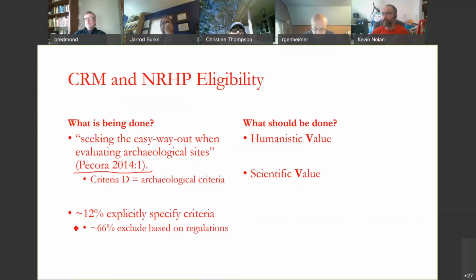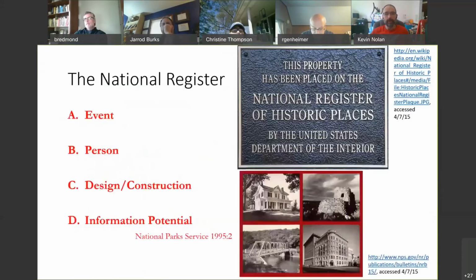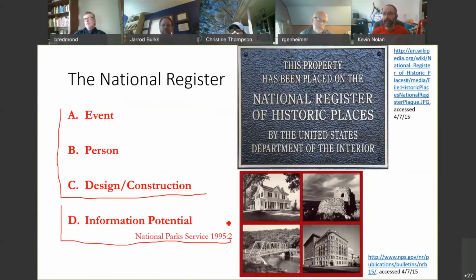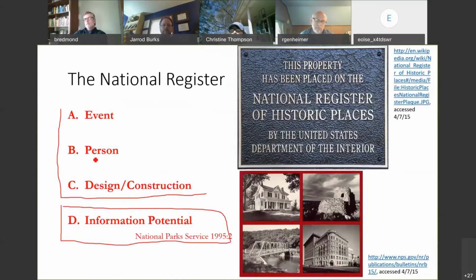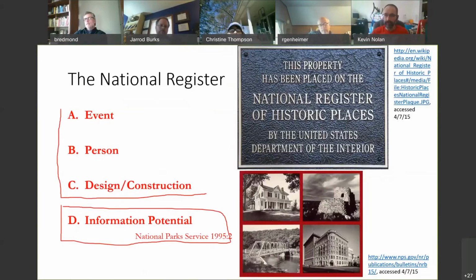And so there's a way to conceptualize this that I'm framing. I'll go back here to this. We can look at the criteria mostly in 2 different groups. We've got this top group here, which I'm conceptualizing as the humanistic significance, humanistic value, and then the criteria D as the avenue for preserving scientific value in the archaeological record through CRM investigations.